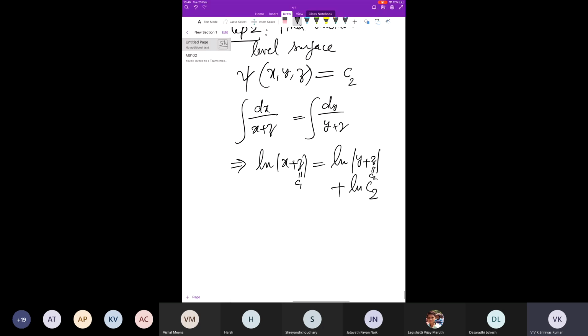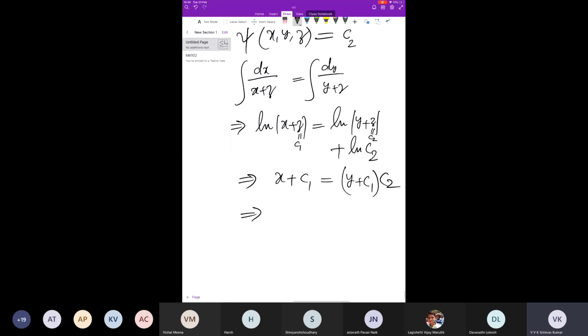So from here, what we can conclude is that we can get rid of the ln's. x plus c1 is equal to c2 times y plus c1. This implies x plus c1 over y plus c1 is equal to c2.